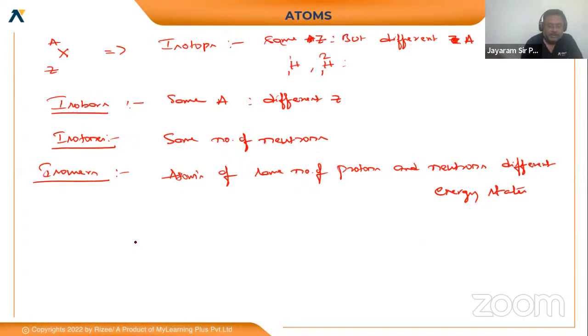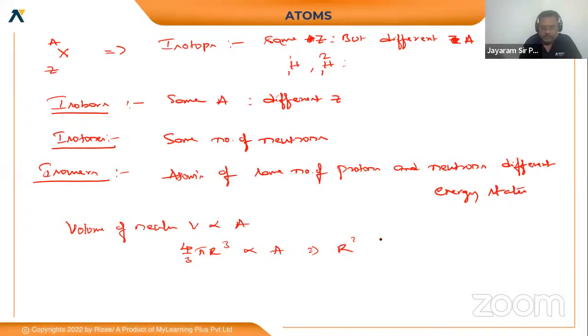Now coming to the sizes. The volume of the nucleus, V, is proportional to the mass number A; in the sense 4 by 3 pi R cube is proportional to A. From this, R cube is equal to 3A by 4 pi.